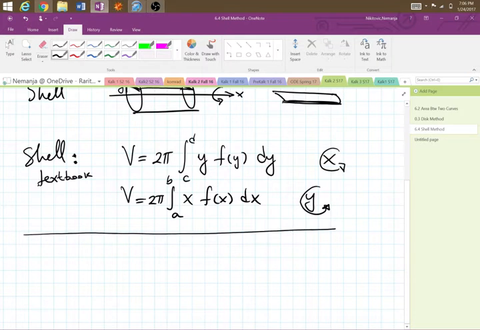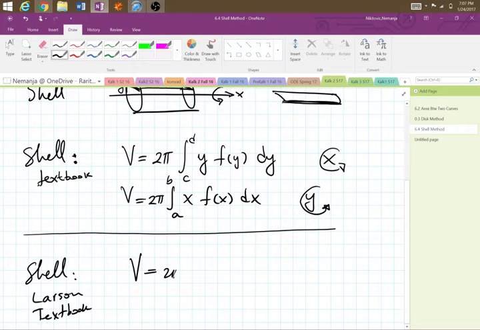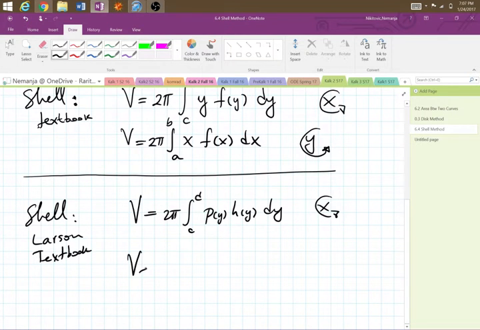The one that I like better is the one from the Larson textbook, which is a different textbook, which has this volume as 2 pi integral from c to d of p of y times h of y dy, again x rotation, and I'll explain all of these. 2 pi integral from a to b of p of x times h of x dx for rotation around y.